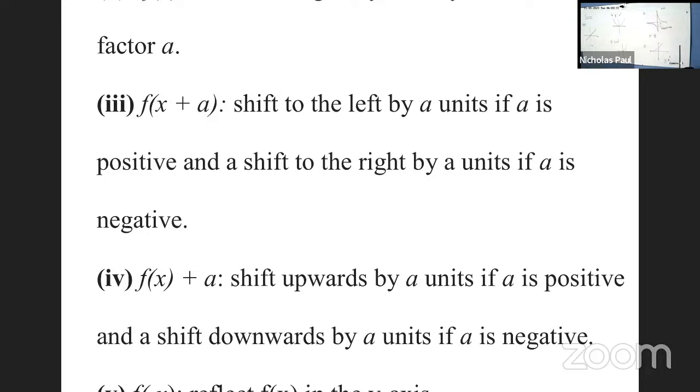Okay, push that thickness on. Yeah. That's all right.